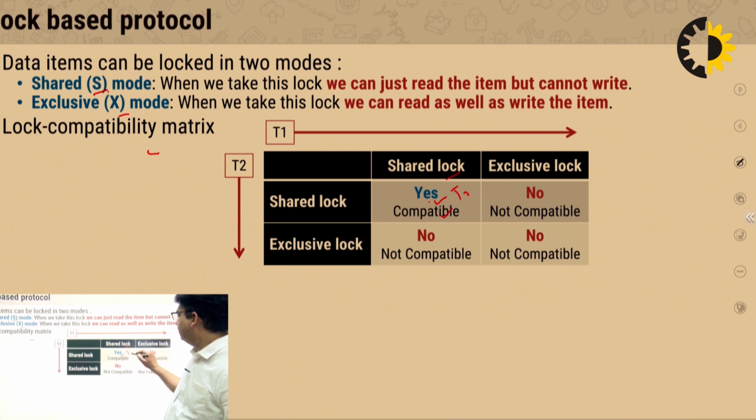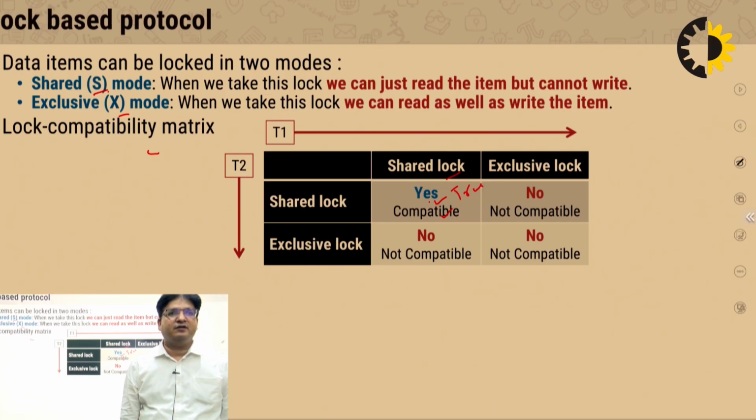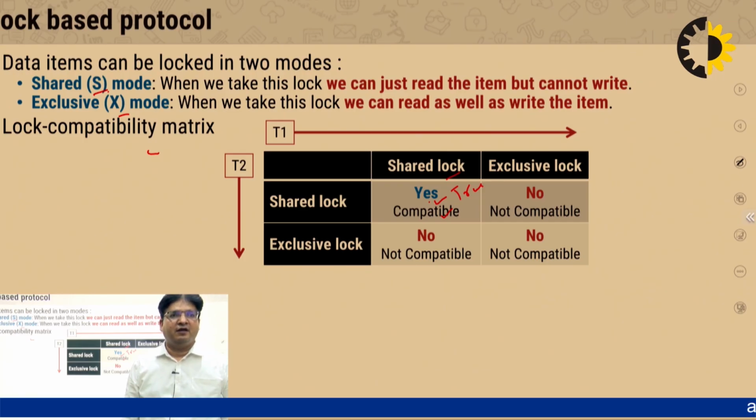Now second, if transaction T1 already has the exclusive lock and another transaction T2 wants a shared lock, should we allow it? We need to ponder over these situations.